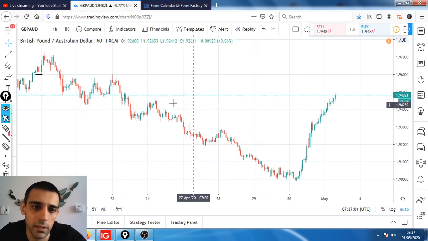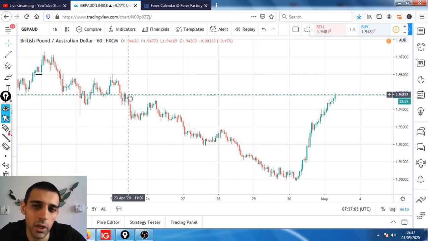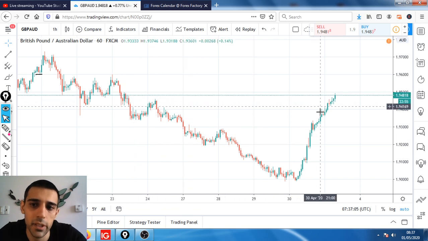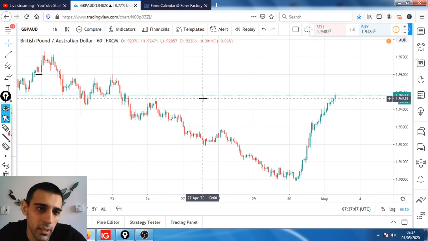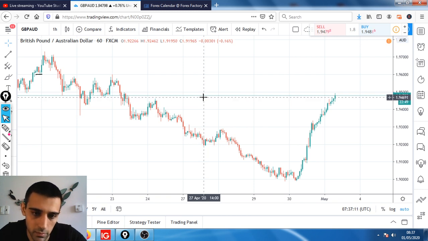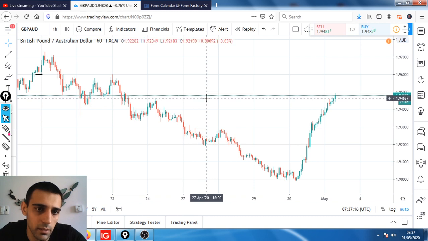Hopefully it's going to have a bit of a reaction on this one and retrace. That's why we're going to use our entry to get onto the long side. This area is looking good, 94.65.